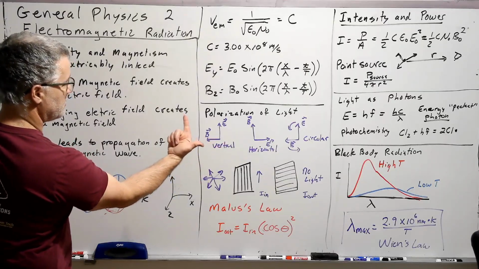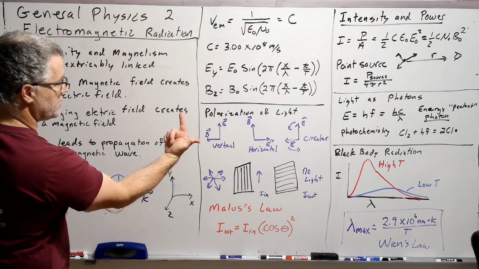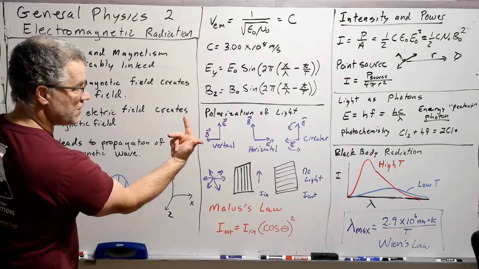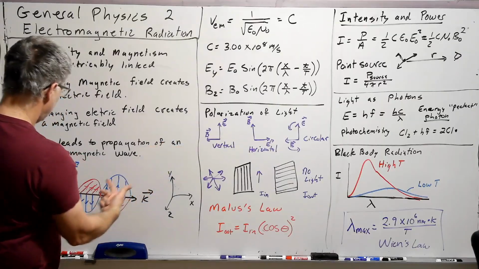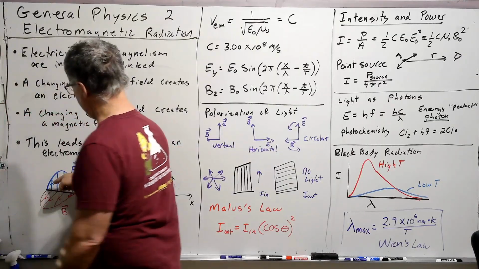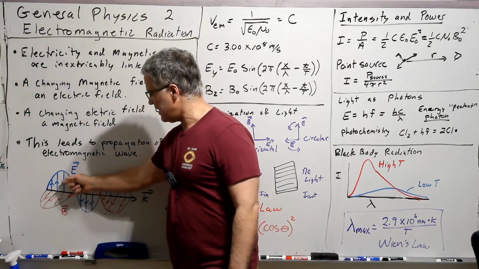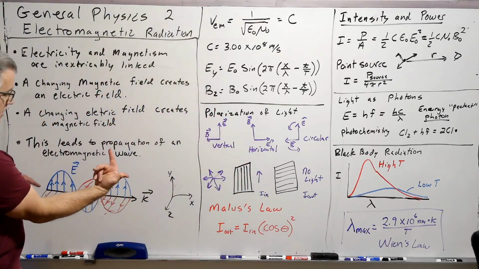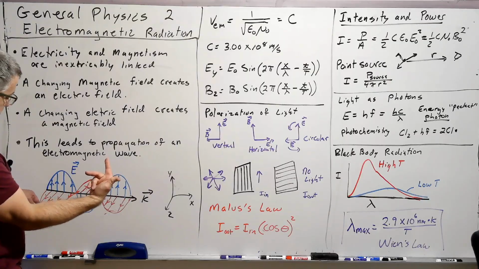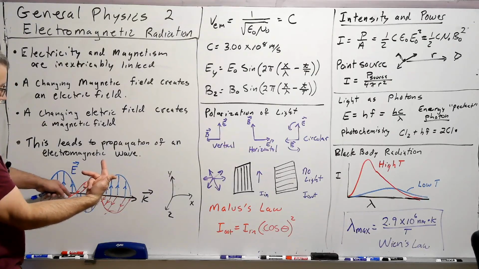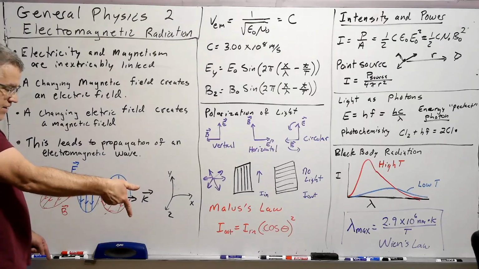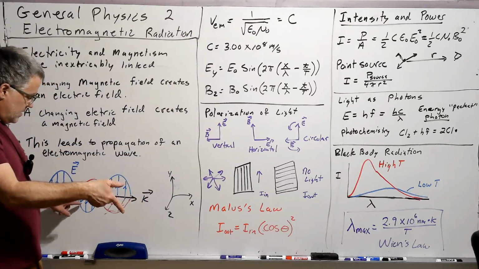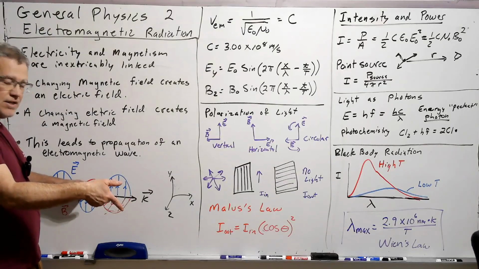Then our pointer finger will go in the direction of the electric field, and our middle finger will go in the direction of the magnetic field. As this electric field oscillates, here it's pointing upward. So in this part of the wave, that means the B field is coming out of the board. Now in this part of the wave, I'm still propagating in the same direction, but now I'm down, so I'm into the board.